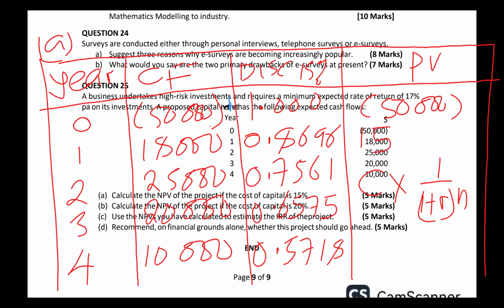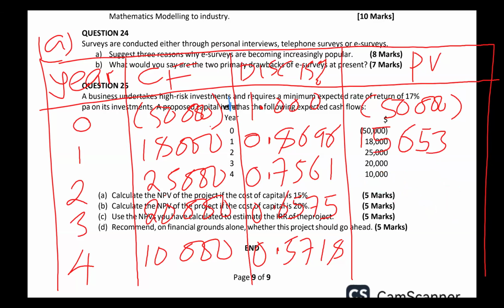Okay. So it's giving us 15,652.8. Yes. All right.